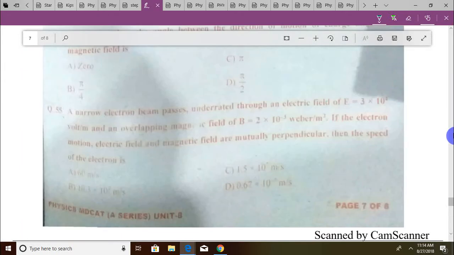So this is a numerical. A narrow electron beam passes undeviated through an electric field of 3 × 10⁴ volt per meter. There are a couple of units for electric field. One is volt per meter.